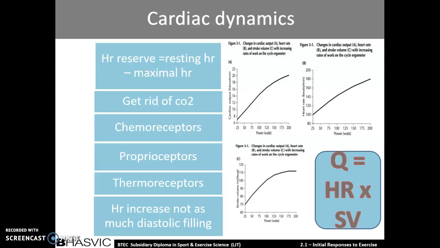An example of when adrenaline may be released would be when you're getting ready to exercise. The hormone is released into the bloodstream. This is normally in stressful situations, also known as the fight or flight response.